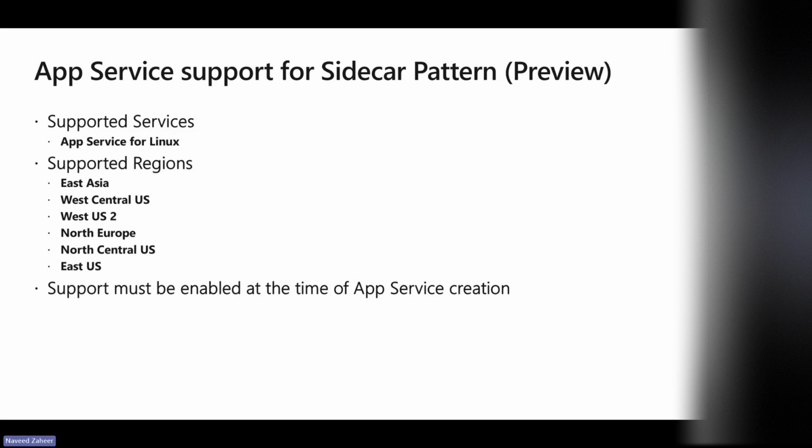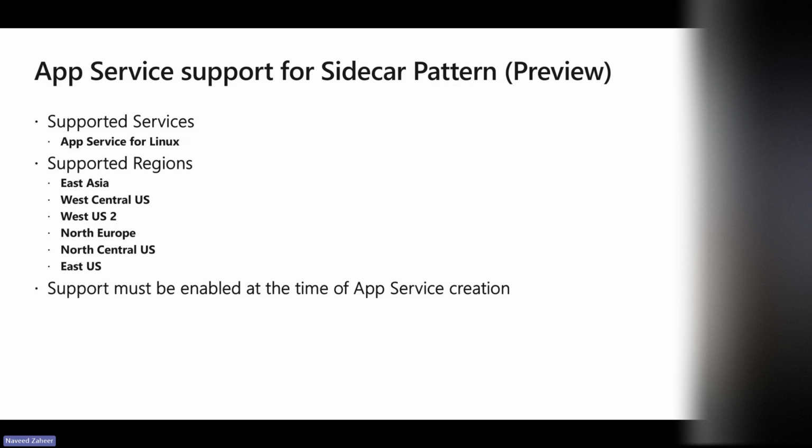Okay. And the supported regions are listed here. Right now it's only available in these 6 regions. So you have to pick one of those to test this thing out. And just keep in mind, this is in public preview, so this is not for production use. So we want to be careful about this.